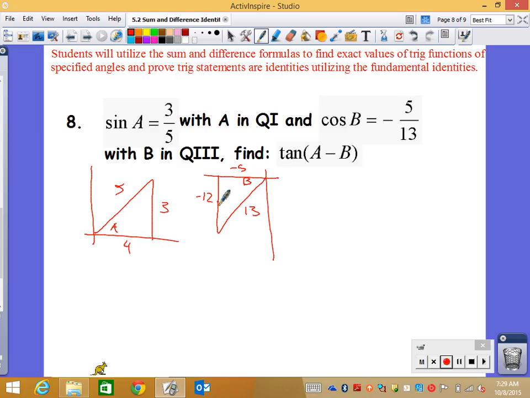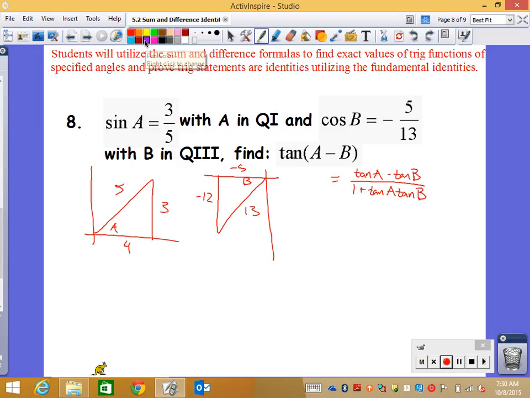Now if we go back to the first slide to look at what the tangent of A minus B is, that identity, I'll rewrite that for us here. That's equal to the tangent of A minus the tangent of B, all divided by 1 plus tangent A, tangent B. So we just need to figure out what the tangent of A and the tangent of B are.